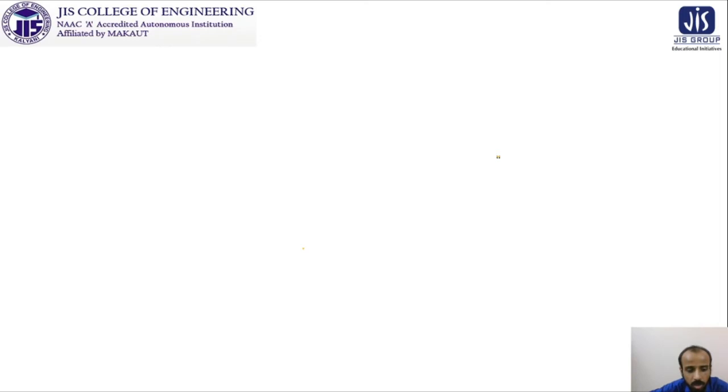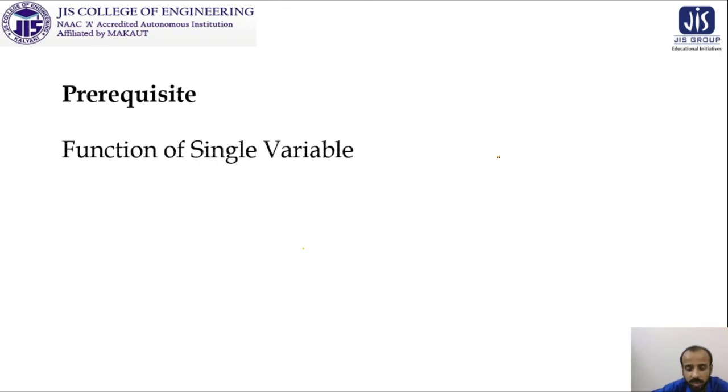So, what are the prerequisites we have for the discussion of partial derivatives? Obviously, the first one is the idea of function of single variable, because always we are going to relate the discussion in the function of several variables with function of single variable.